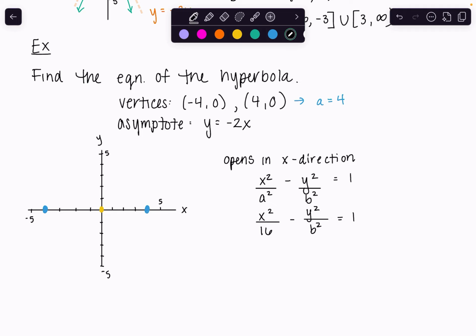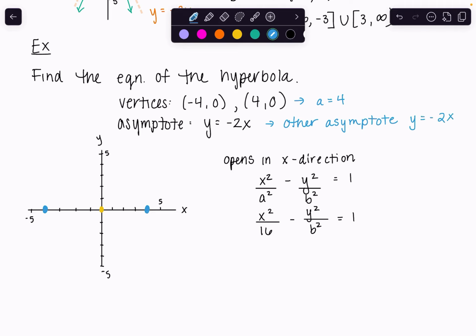Now I need to figure out this value of b, but I haven't gone through and plotted my asymptote yet. Because that is one of my asymptotes, and I can immediately figure out what my other asymptote is going to be. This won't work, unfortunately, if we have a shifted center, but at least because the center is at the origin, these are going to be symmetric.